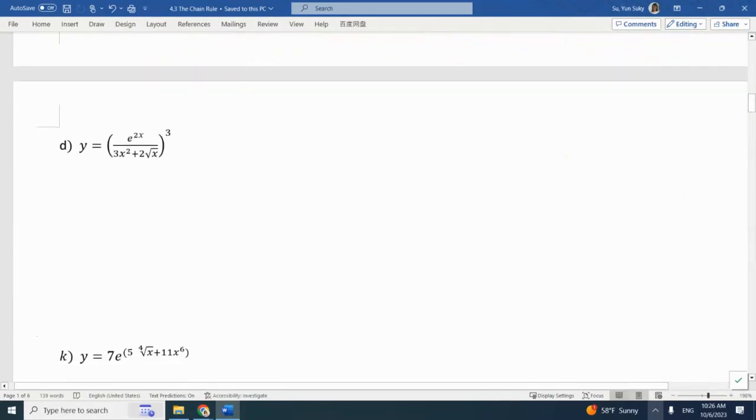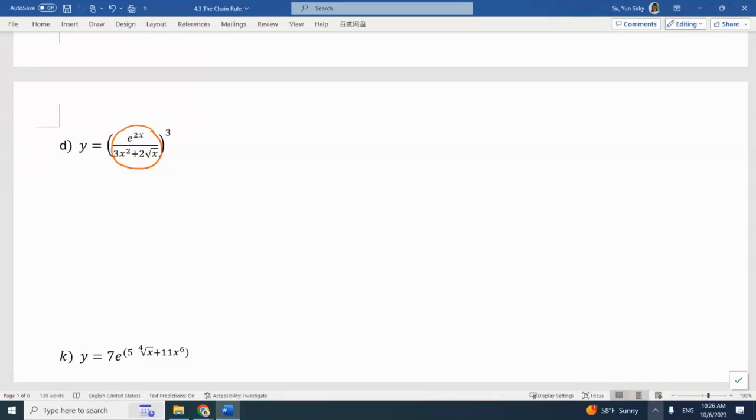Good. So keep going. Look at the form from the outside to the inside. Do you see the outside is something cubed? In this case, the outer form is a composite function, so we use the chain rule first. Right, everybody?